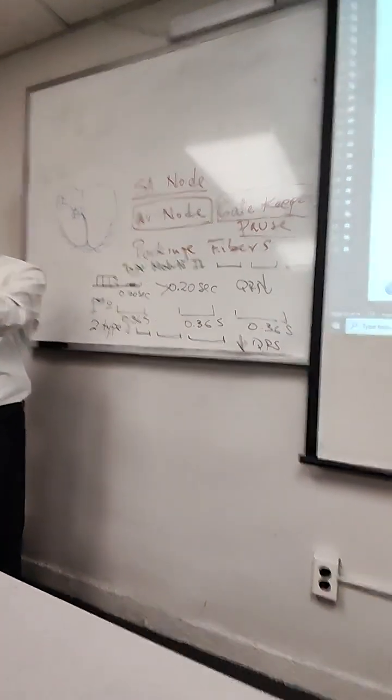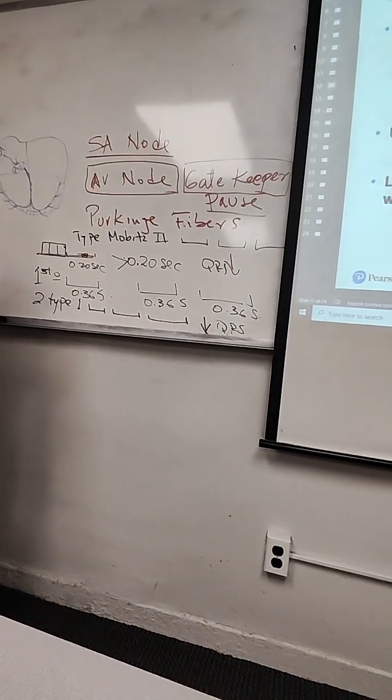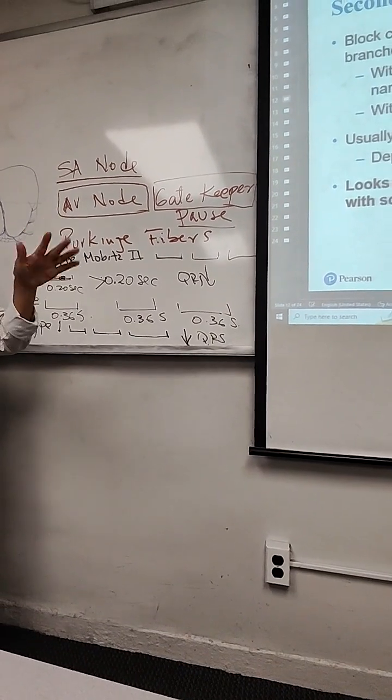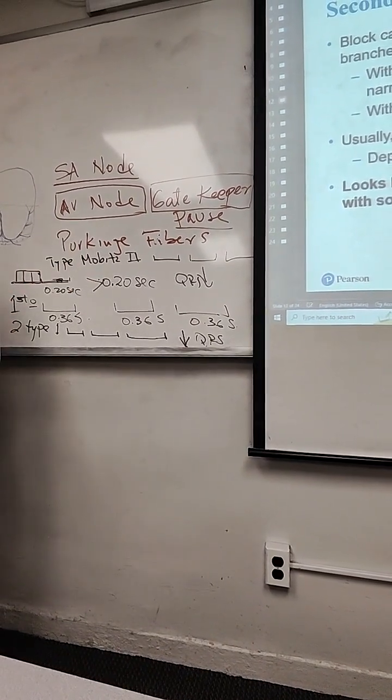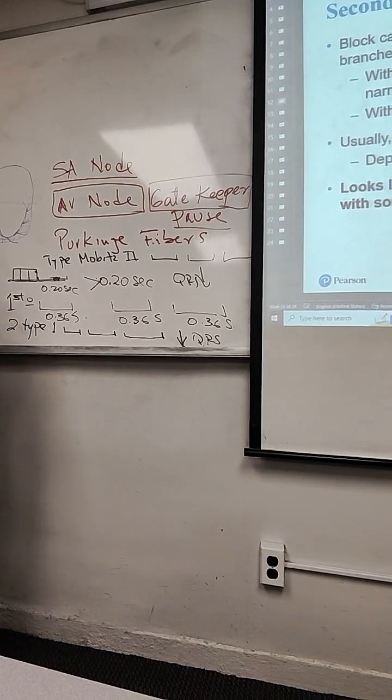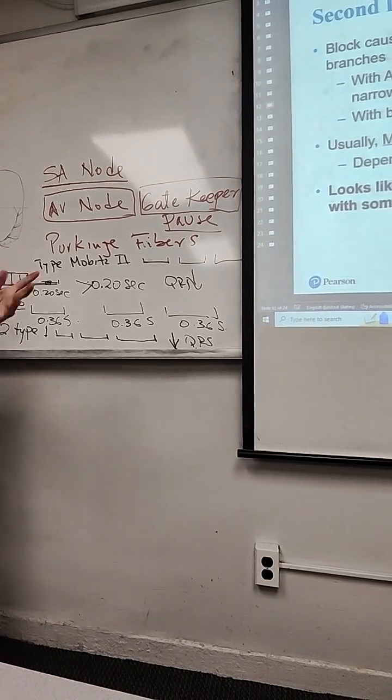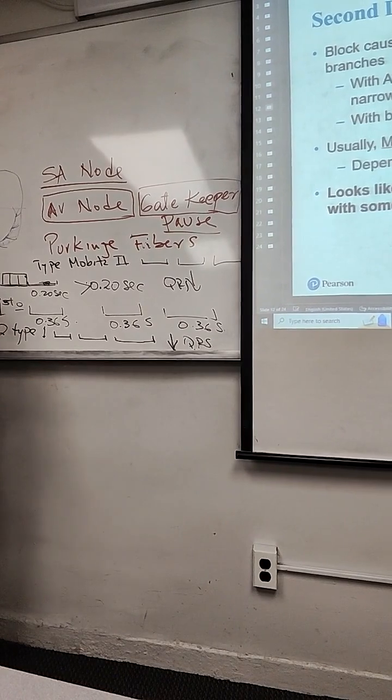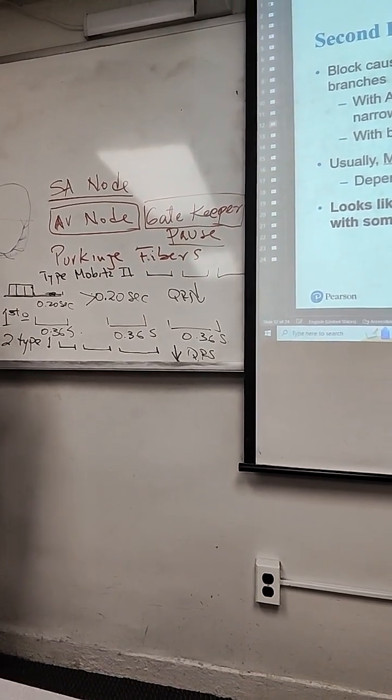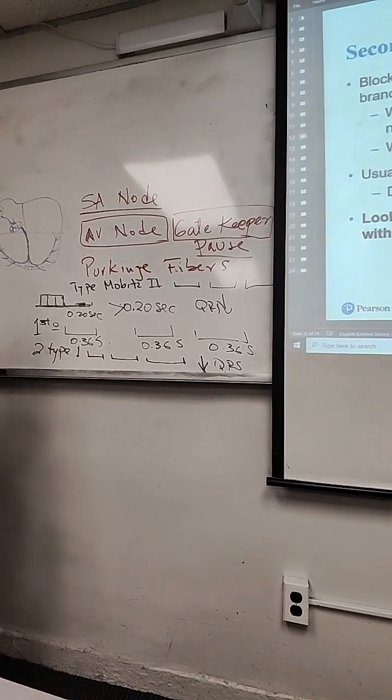Remember, the one is prolonged, constant, no dropping. The other one starts normal, prolonging, drops a QRS. The other one starts normal, but it drops a QRS. So that's basically it.